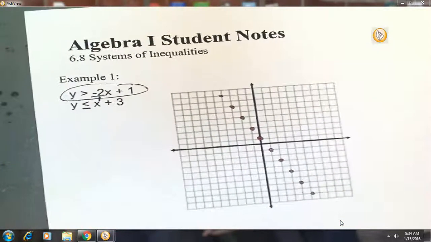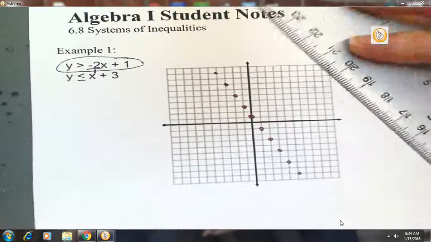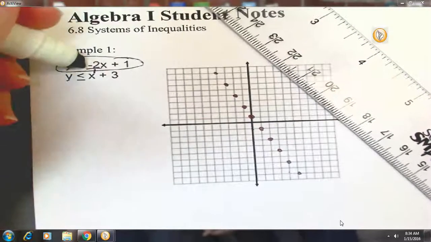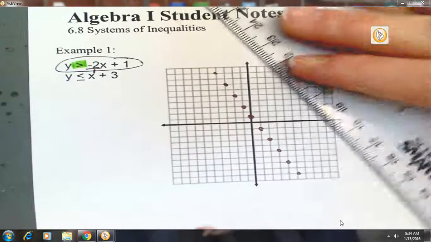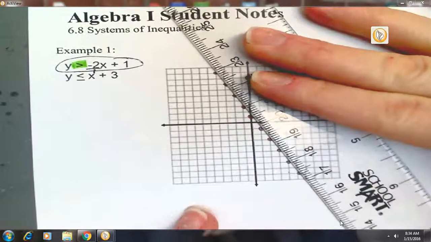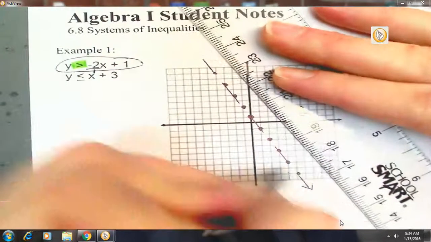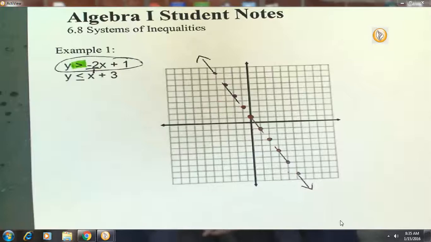Will we use a dash or a solid line? A dash. And how do I know that it's dashed? Yeah, it doesn't have a line underneath. It's just greater than. So let's use a dashed line. Now we need to test a point because we need to shade one side of the line or the other.